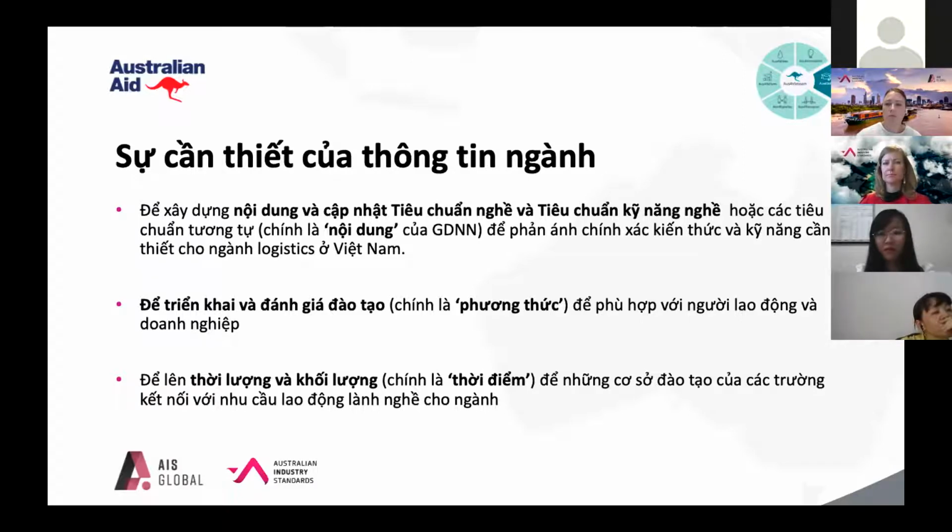We're trying to match the supply and demand equation in the economy by using industry intelligence. So it really has very important things to tell us about both the type of training that's needed, the how, and the timing and volume of that training. And that's the when. So these are important elements to understand.